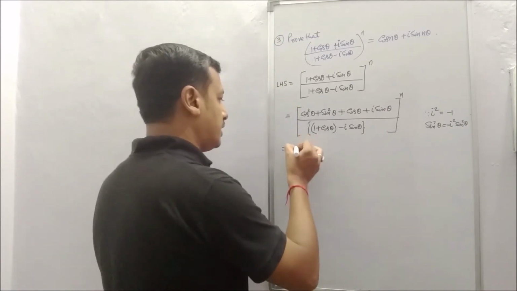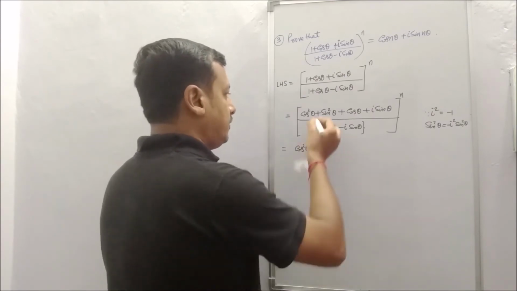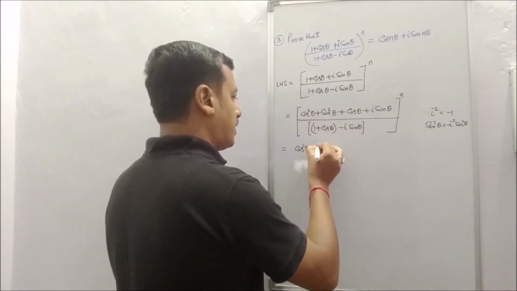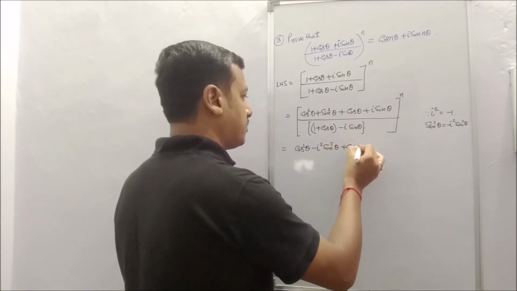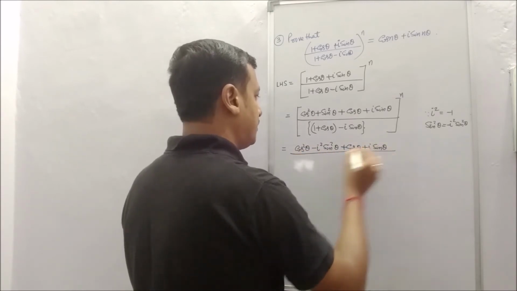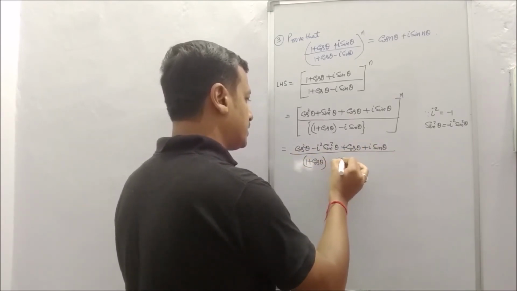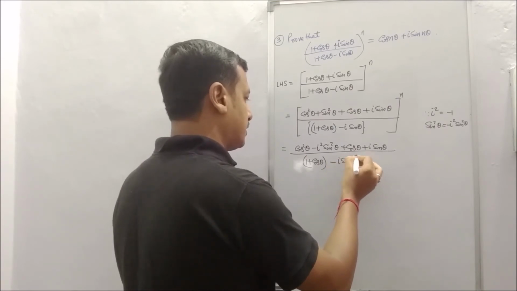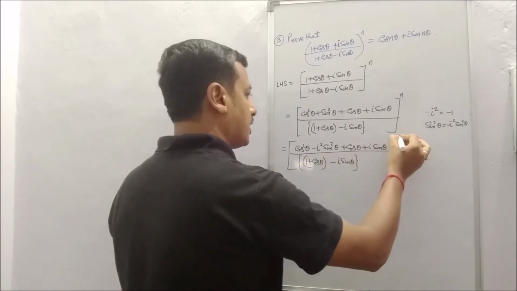So writing in place of 1, that is minus of i square sin square theta plus cos theta plus i sin theta divided by 1 plus cos theta minus i sin theta, whole to the power n.